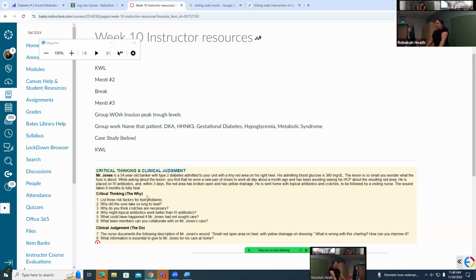All right, so questions. First group, that was right here. Okay. List 3 factors for foot problems, and we're talking about patients with diabetes. In the next, last in the back, why did the sore take so long to heal?